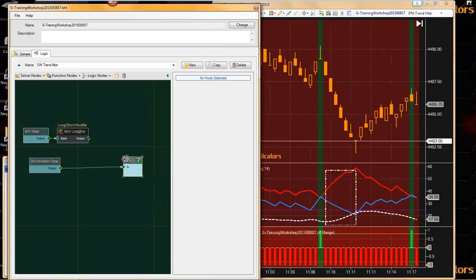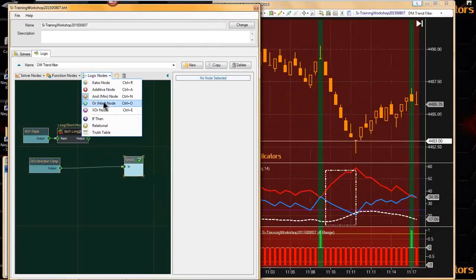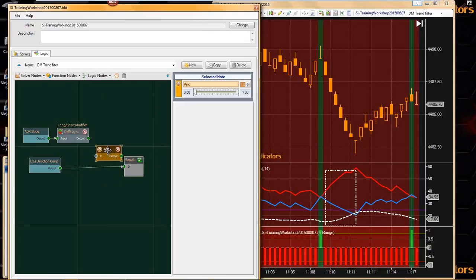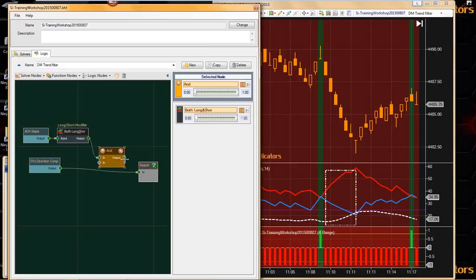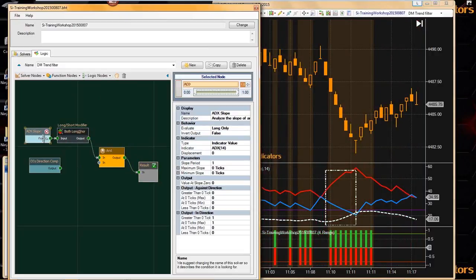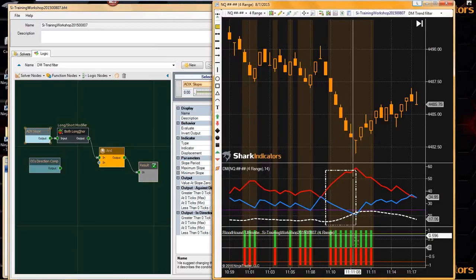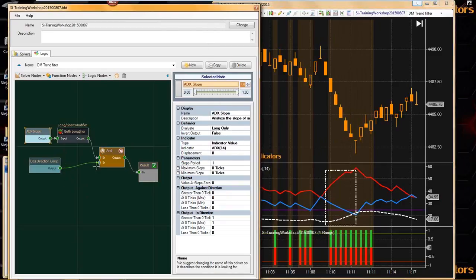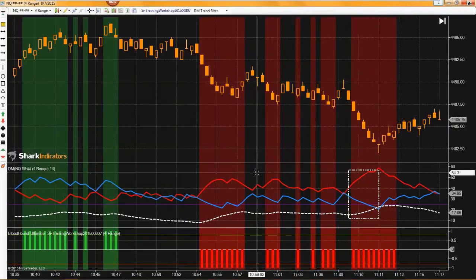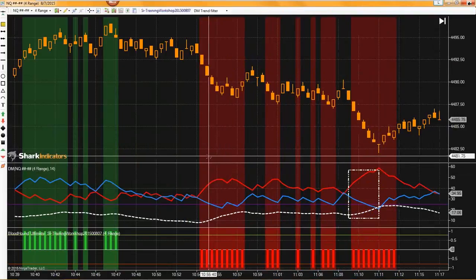So now we can connect these two conditions together. The ADX solver is telling us we're in a trend, but we don't know what the direction is. So now we can add this guy to the AND node, and there we go, that now filters out the direction.